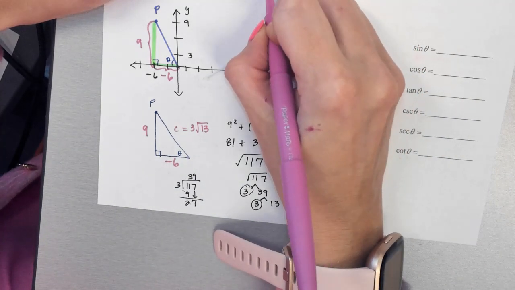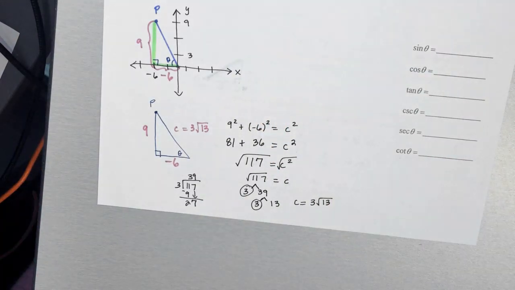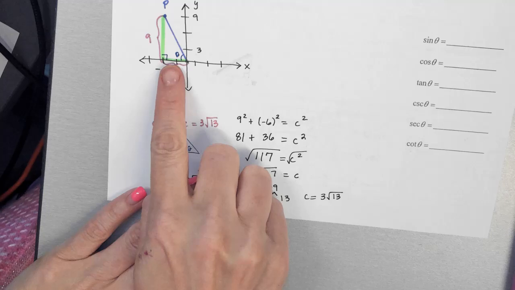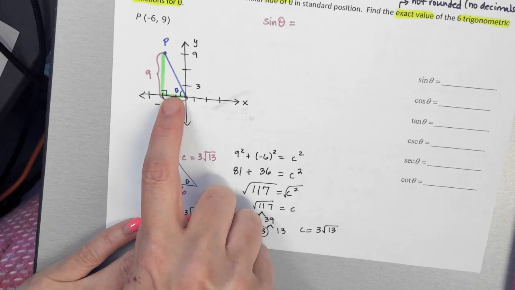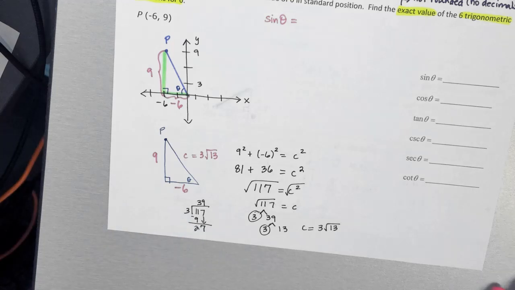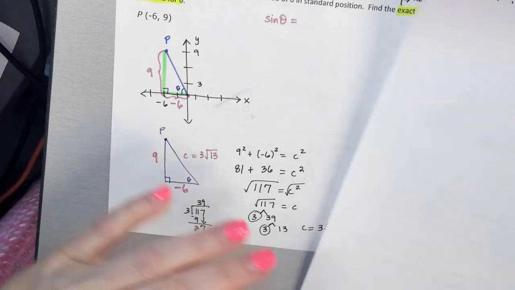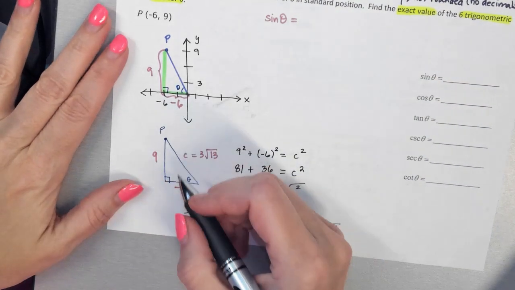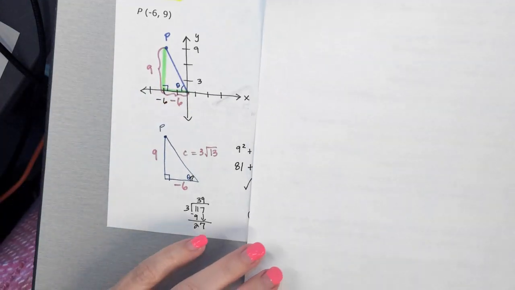So we're going to start with the sine. Theta is always going to be with your x-axis and the terminal side. Okay, so you're going to have different points, different quadrants that you have. Theta is always going to be with the x-axis and the terminal side.